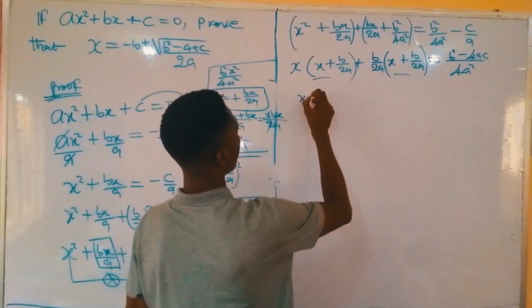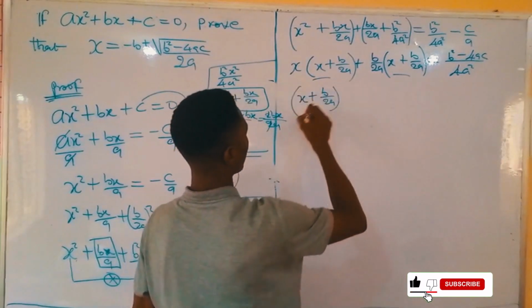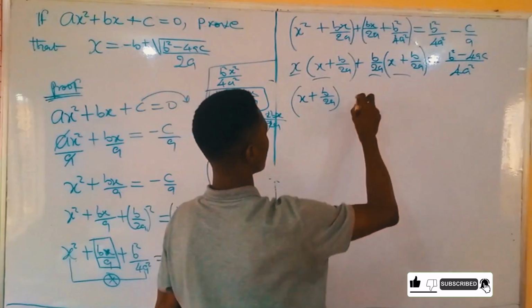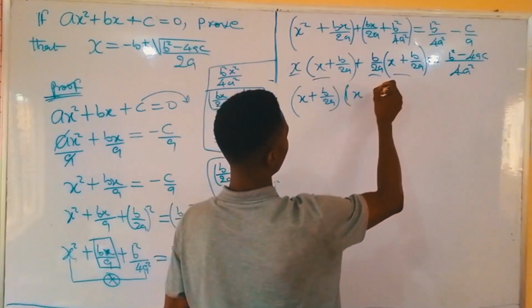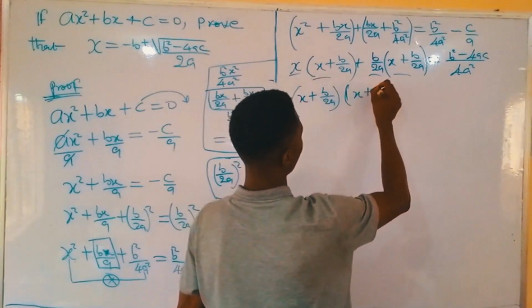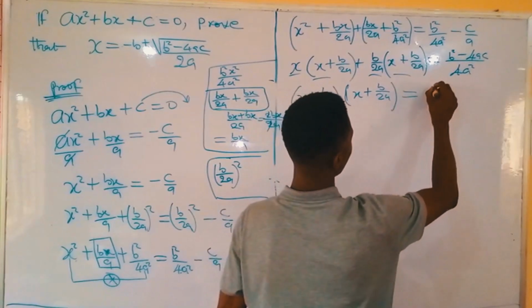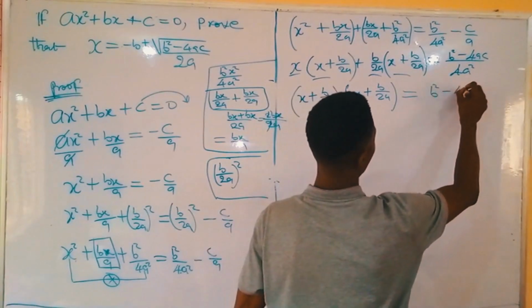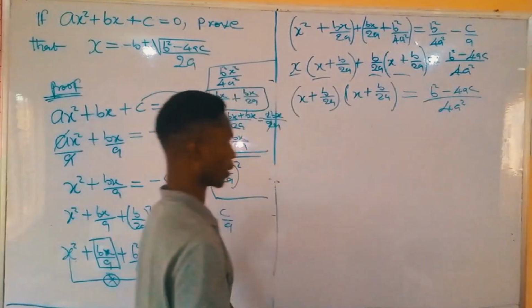So we are picking one bracket, x plus b over 2a, and the terms outside give us x plus b over 2a is equal to b squared minus 4ac over 4a squared.